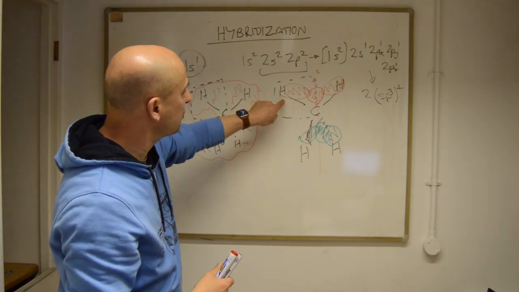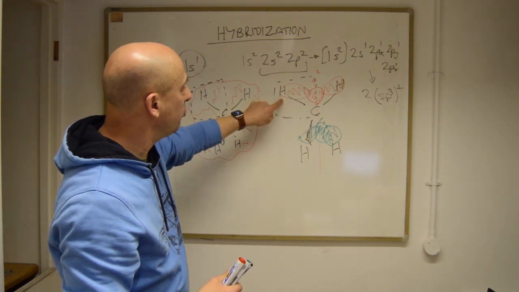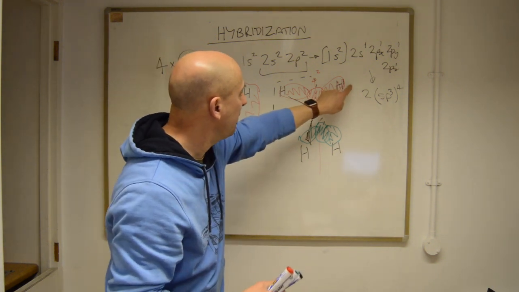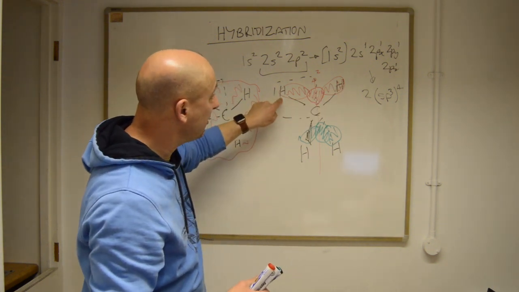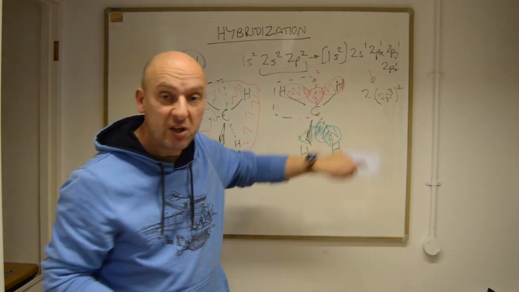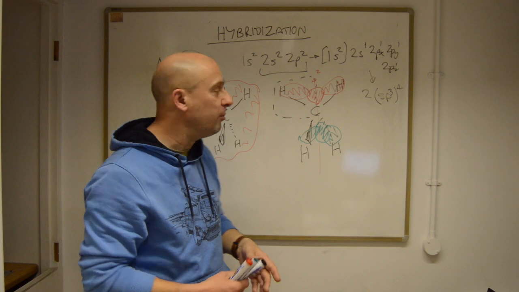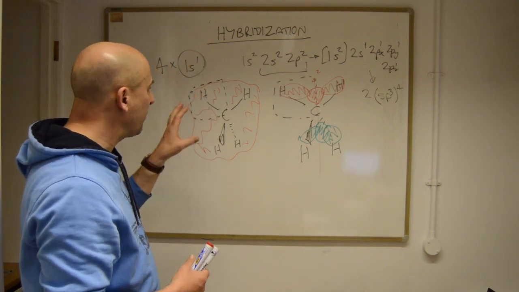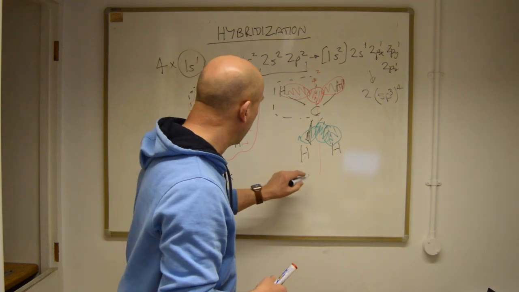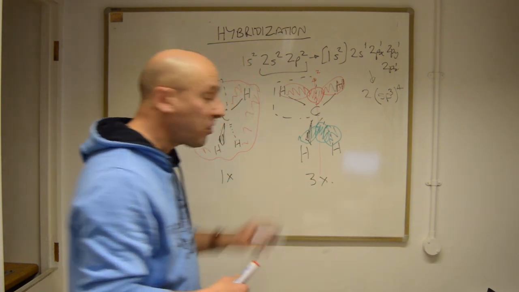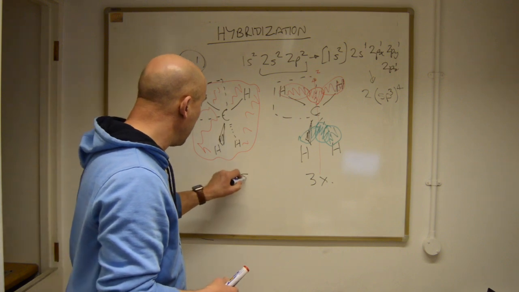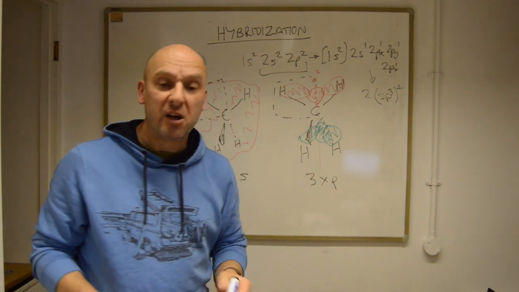If we pick this as our reference point, we could draw the same thing. We're going to have another orbital with this one and another orbital with this one, and the same applies to every combination. So we've got one of these, and we've got three of these. So that's where our sp3 bit comes from.